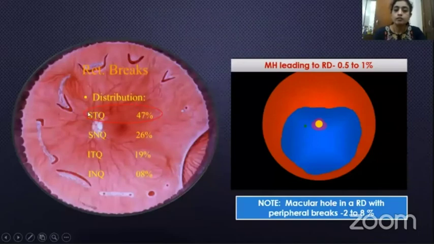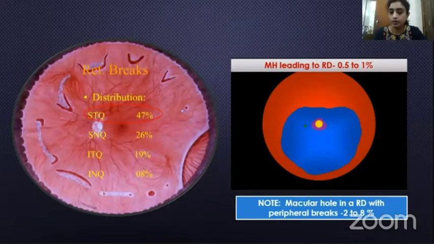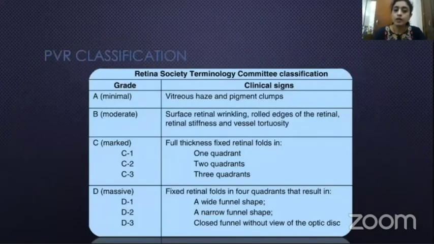The most common site of breaks is the superotemporal quadrant, around 47%, and macular hole can also lead to RD, although rare, 0.5 to 1%. A macular hole in an RD with peripheral breaks is 2 to 8%. So keeping in mind the PVR classification, accordingly we have to plan the treatment.